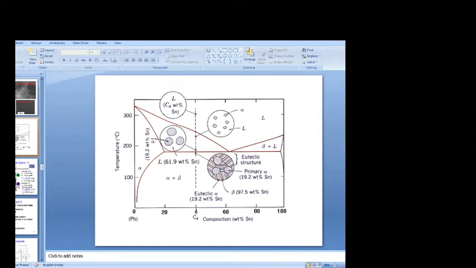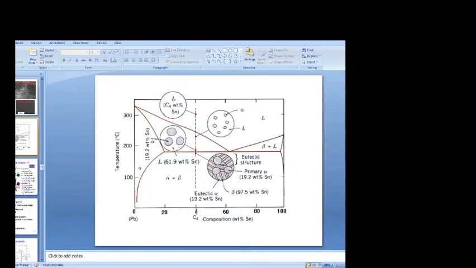This particular structure is basically representing the point M, how this M is developing. So the alpha phase will be present both in the eutectic structure and also as a phase that formed while cooling through the alpha plus liquid phase field.